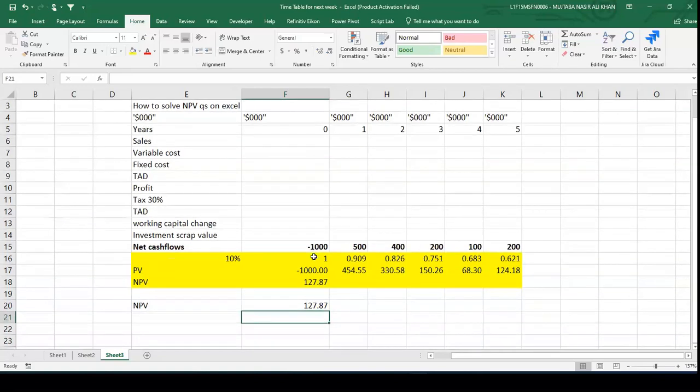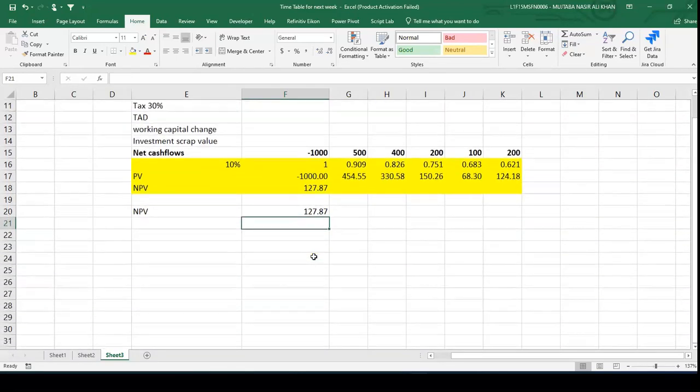Now the second question. How to calculate IRR on the Excel? Remember, if we want to calculate the IRR on the Excel, how to calculate that?